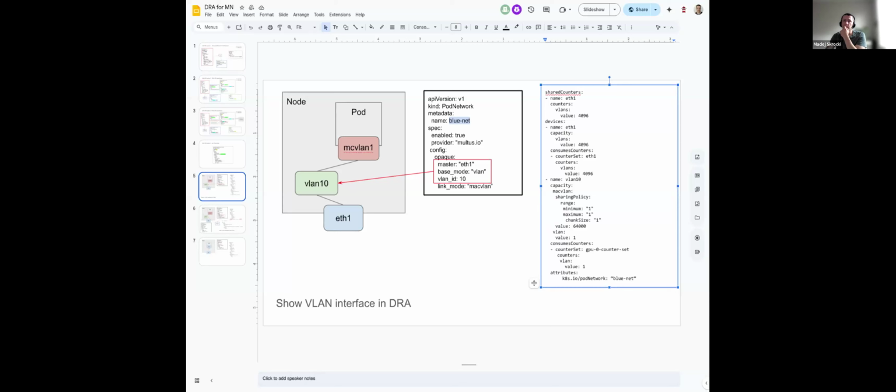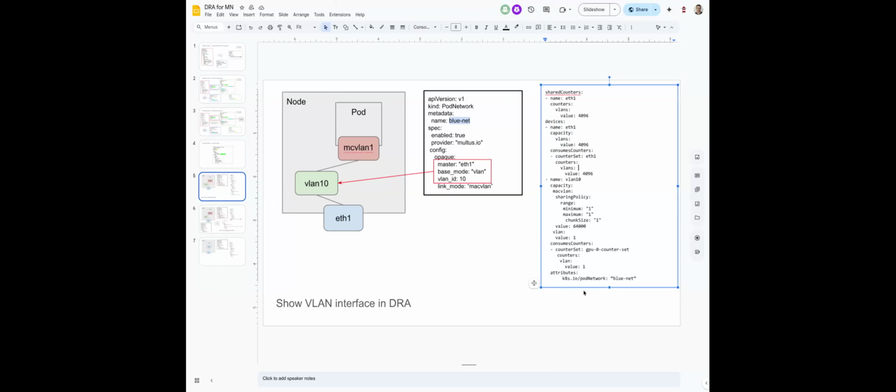And I think some kind of similar thing might be needed for shared counter. Then there should be some kind of counter policy that says if this is in use, then nobody else can claim it. Something like this, I guess. You're talking about the ETH1 at that point?